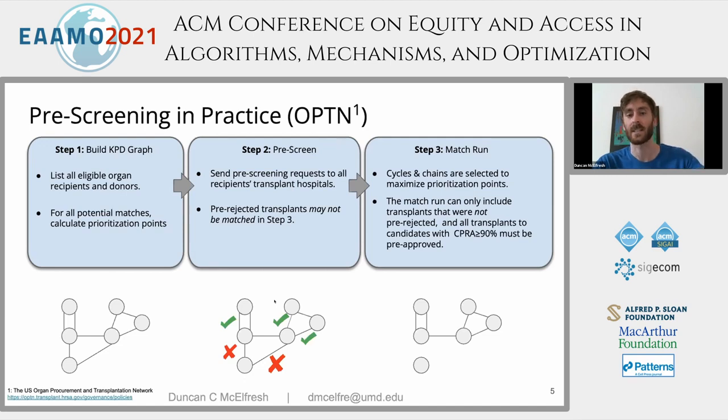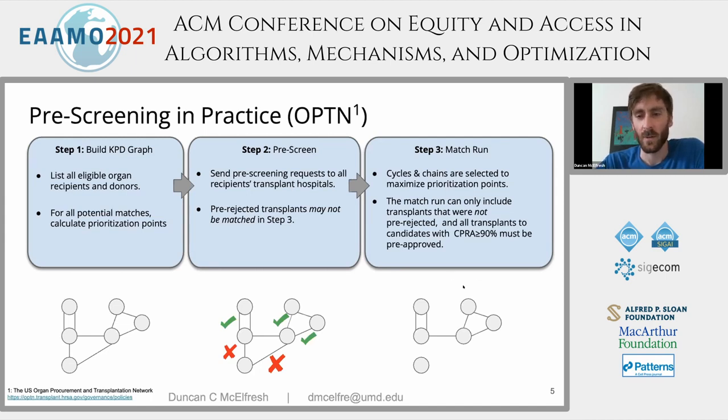They say, yes, I will accept, or no, I will not accept each of these potential donors. Edges that are rejected during this stage cannot be matched. Finally, we take our new directed graph, we match our cycles and chains, and then we hope that some of those lead to transplants.